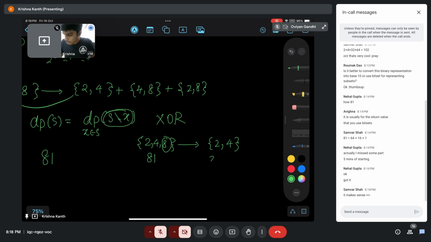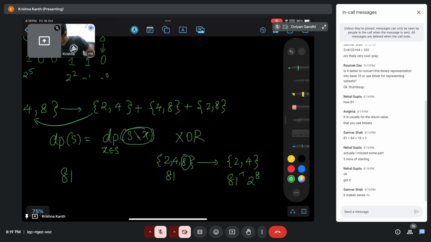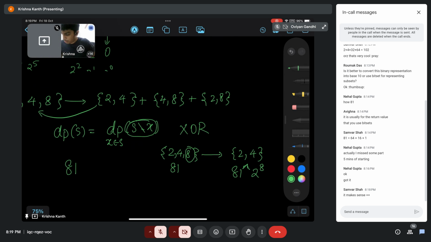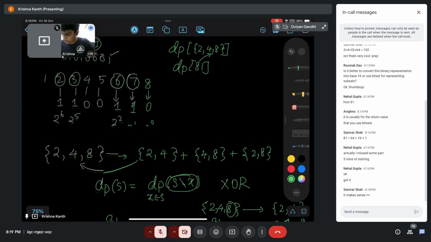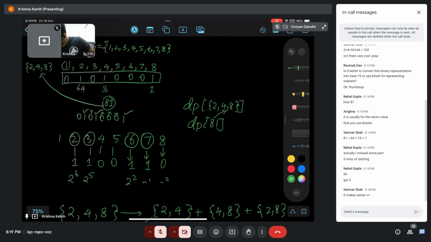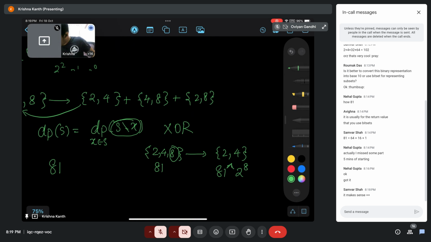It is just the mask XOR 2 to the power 8, and since that bit is already set in this, so just XOR 2 to the power 8, and then that bit would become unset. It would become 0. So the corresponding value of {2, 4} would be the mask XOR 2 to the power 8. Does this make sense?